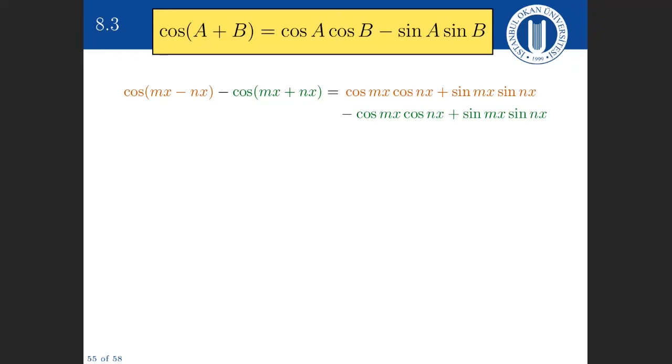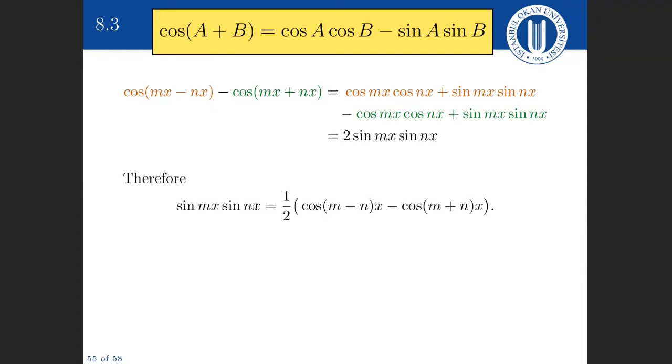You'll note that we have plus cos m cos n minus cos m cos n. These are going to cancel out, and we'll be left with two sine terms. We'll be left with 2 sine mx sine nx.